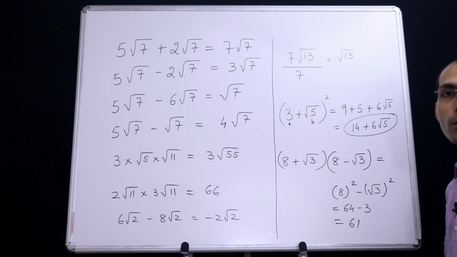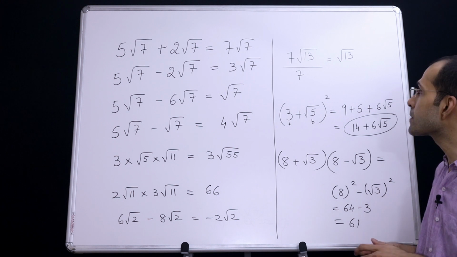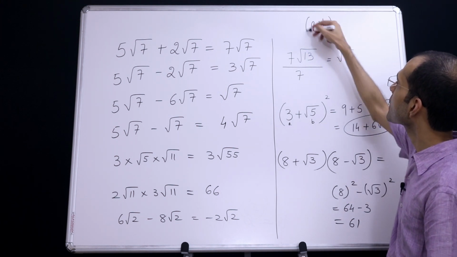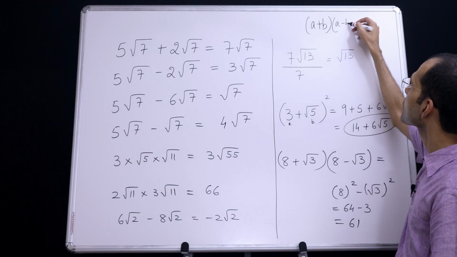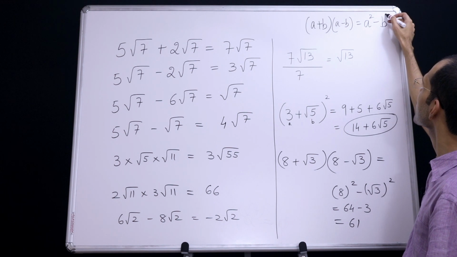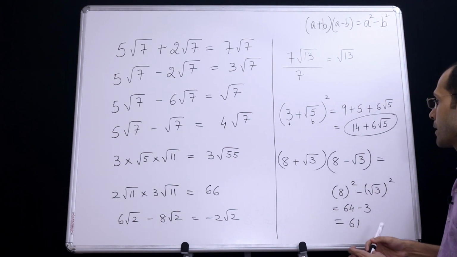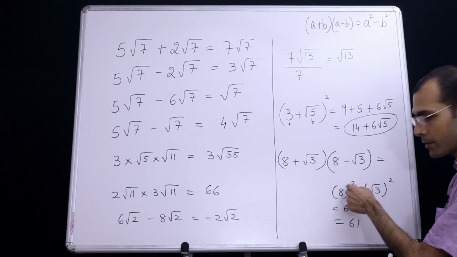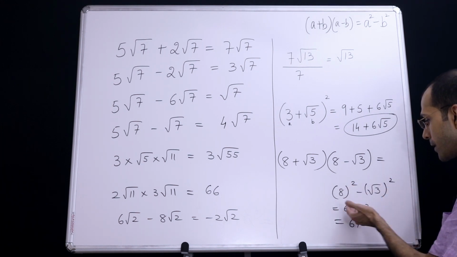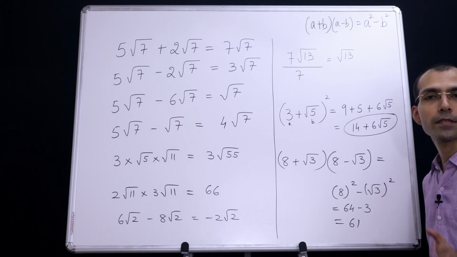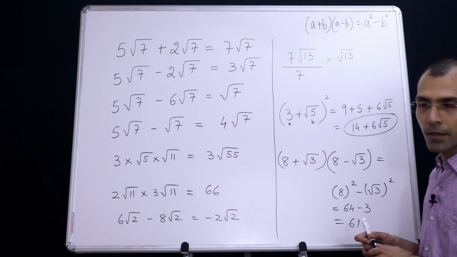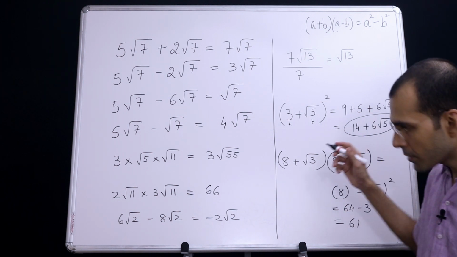This is again the basics of your 7th and 8th class. a plus b into a minus b. So that will be how much? a square minus b square. So that would be 8 square minus root 3 square. 8 square is 64, root 3 square is 3, 64 minus 3 is 61. So comfortable with this? And one or two more.